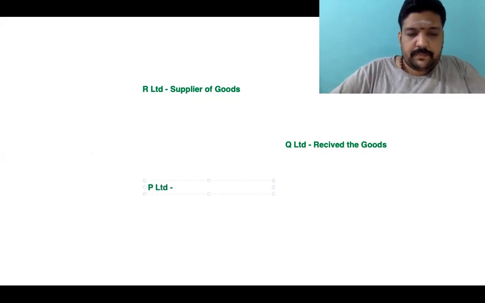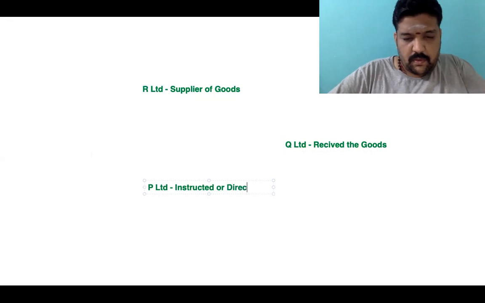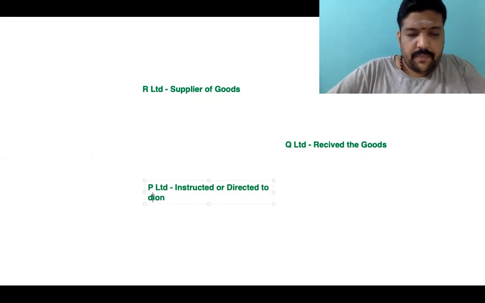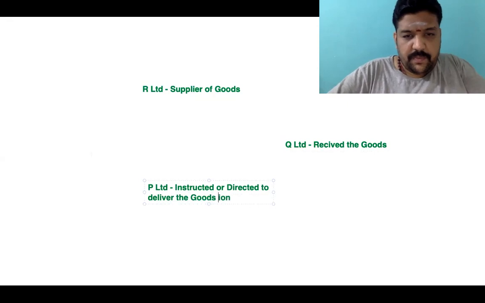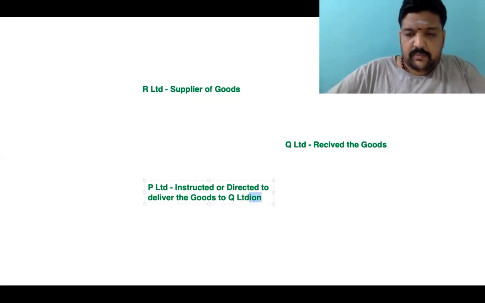P Limited instructed or directed R Limited to deliver the goods to Q Limited. In fact, P Limited instructed or directed to deliver the goods to Q Limited.